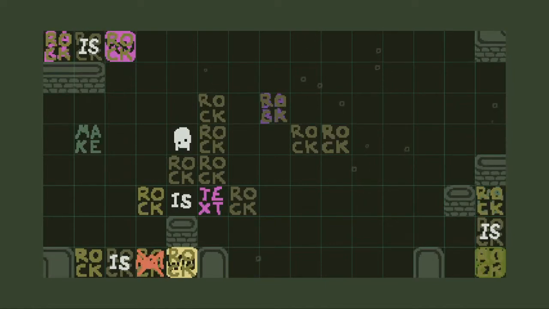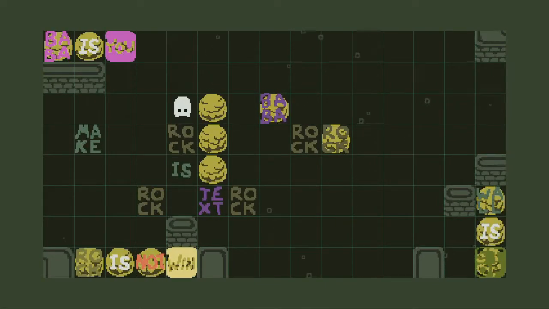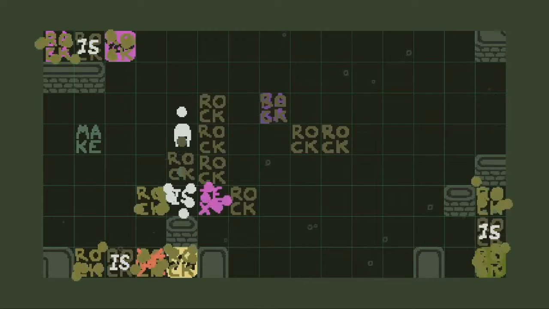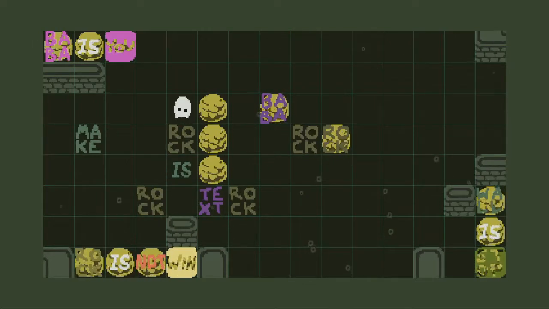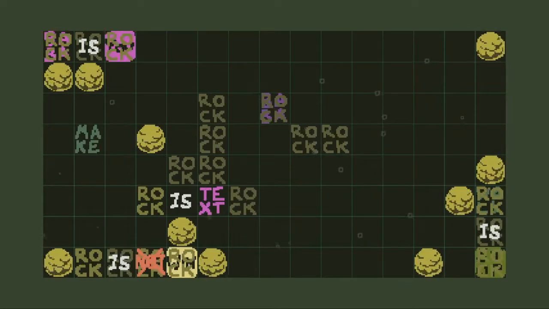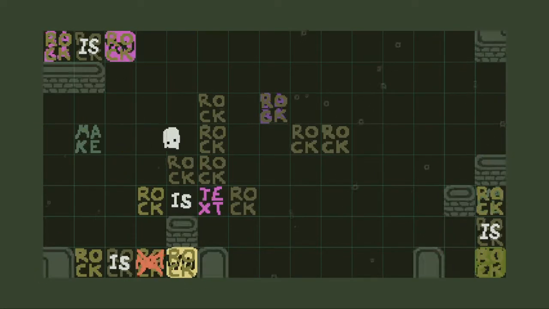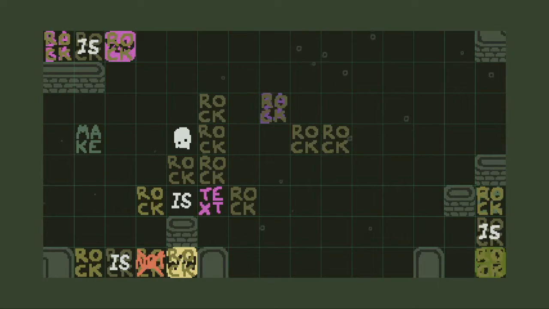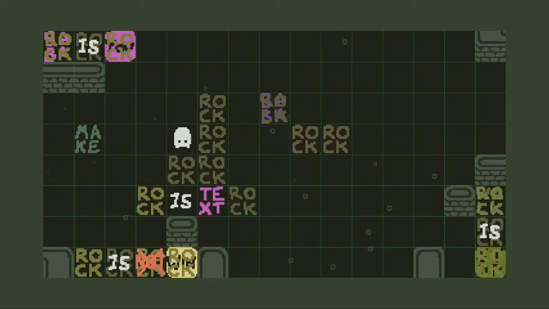That's the thing. So I want to break up the rule rock as text. I do want to continue pushing this down, but during this turn, I want to break up the rule rock as text if I can, which I can't do from this formation. I want to break up rock as text and then be able to push down again.